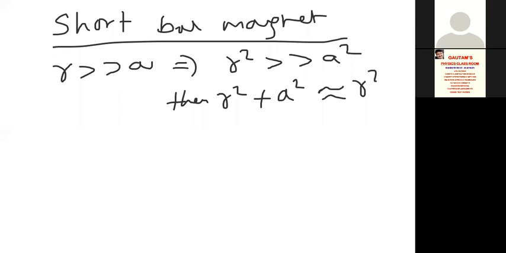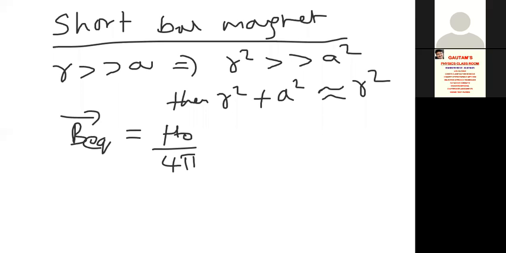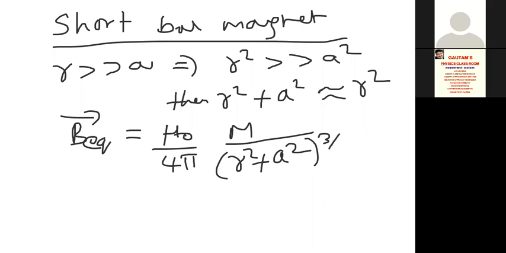If I substitute in that one, what will happen now? We got B equatorial bar is equal to mu naught by 4 pi, m by (r square plus a square) whole power 3 by 2, into minus m cap. But now in the denominator, instead of r square plus a square, I am writing r square.